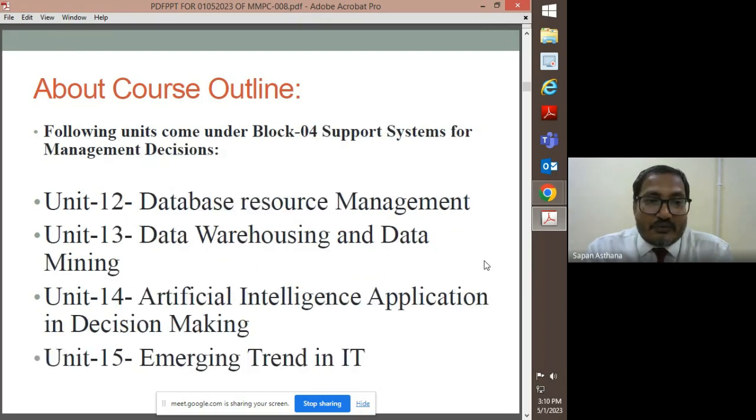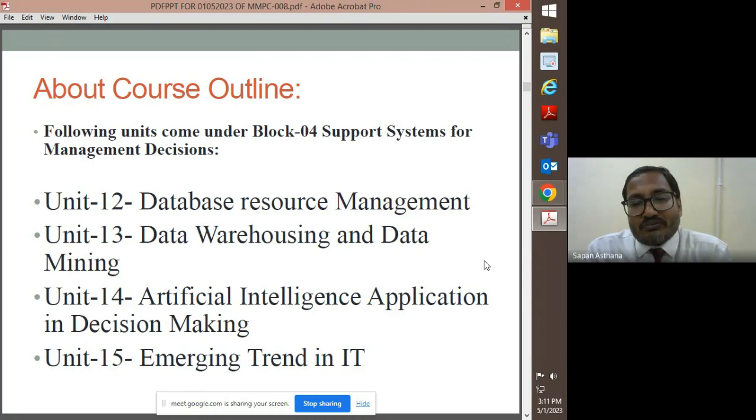When we talk about block 4, the support systems for management decisions, whenever the manager takes a decision, it is based on various information.